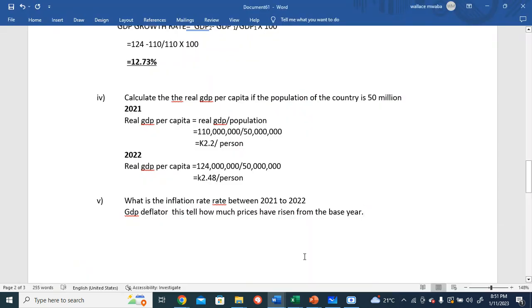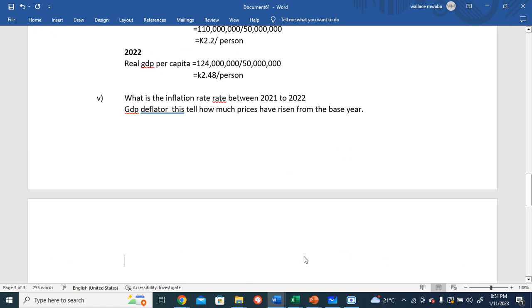Yes, so there are two tools used to measure inflation: the GDP deflator and the consumer price index. The GDP deflator is equal to nominal GDP divided by real GDP, multiplied by 100.